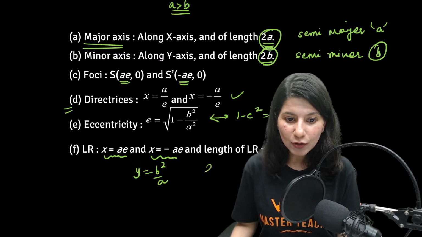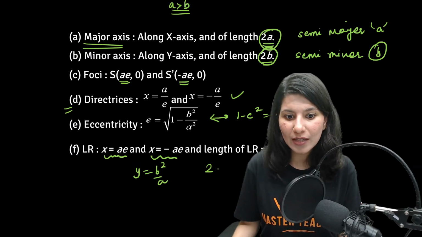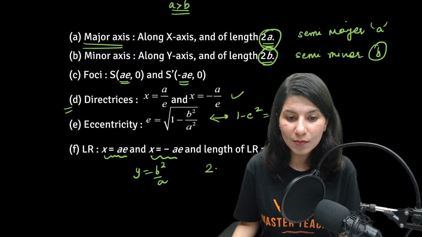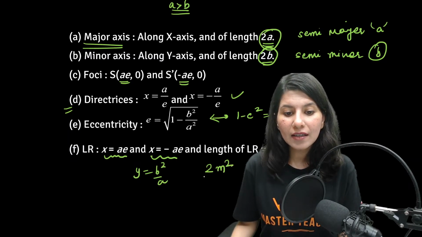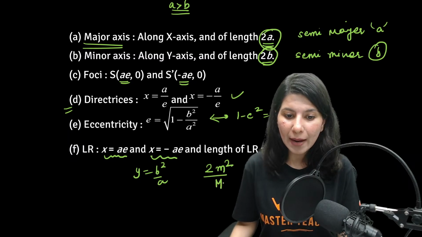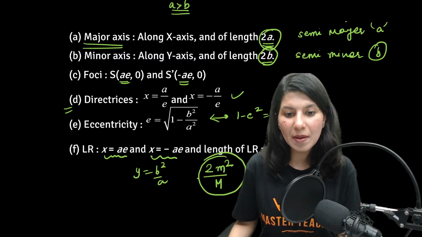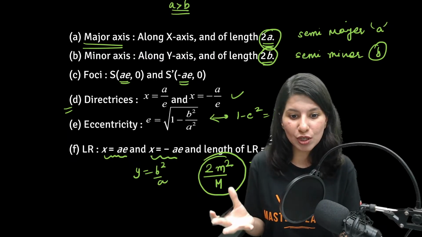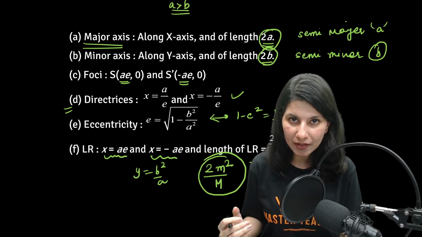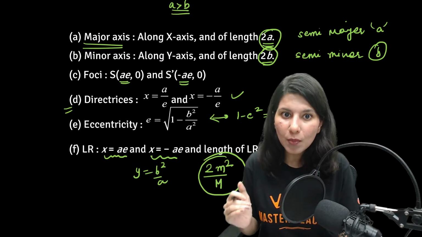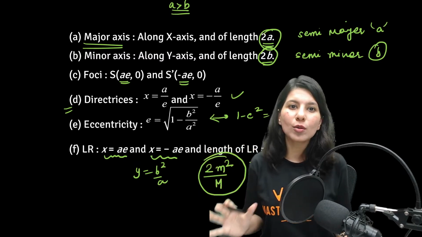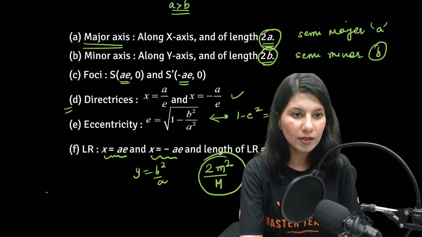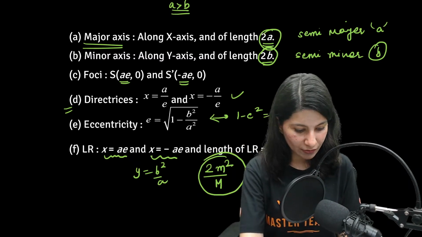Let us assume that the smaller length is denoted by small m and the bigger length is denoted by capital M. If you remember it this way, it will avoid confusion: 2 small m square upon capital M. So these are the formulas that we have learned in these first few minutes.